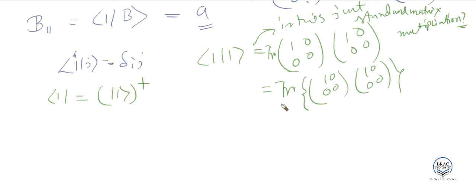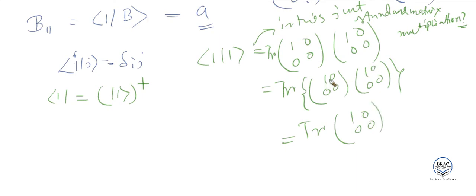In later lectures, when we deal with linear operators, we will prove that whenever you multiply two matrices, that is, you want to take their inner product, it will result in the trace of the matrix multiplication product. I'll write it down again, but let's try to evaluate this trace now. So the trace of this will be just 1 0 0 0, is it?